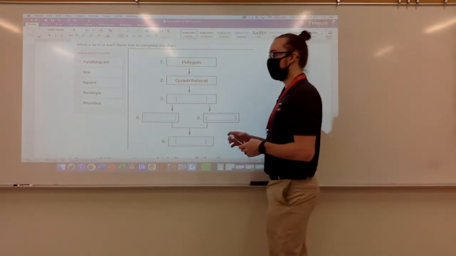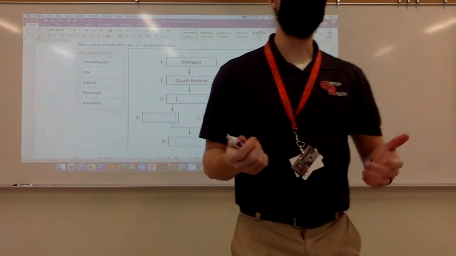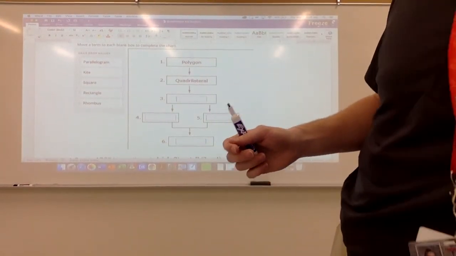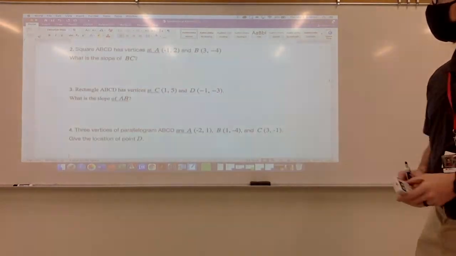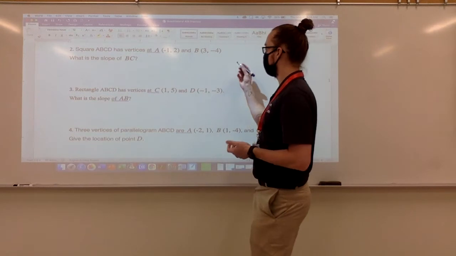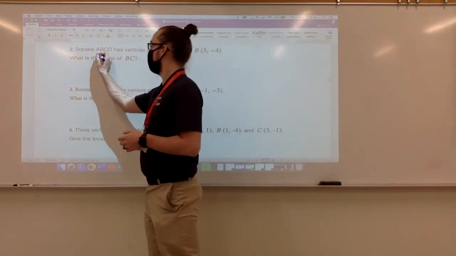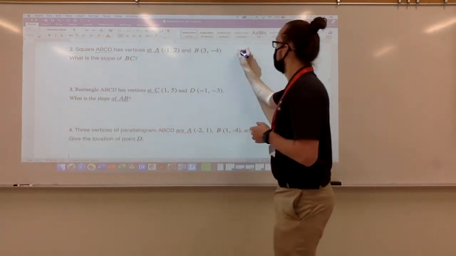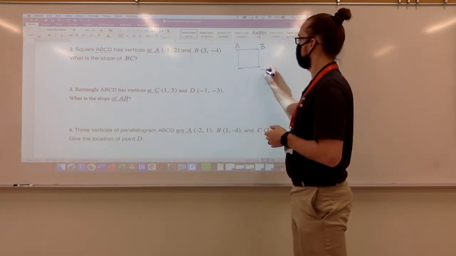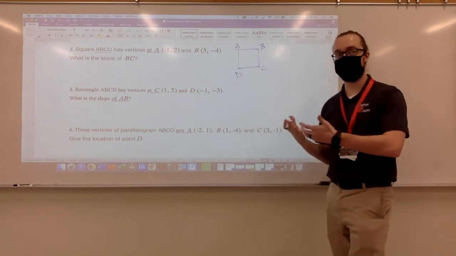So the next few have to do with slope. On number 2, it says we've got some square ABCD, right? We talked about how the order that the vertices are listed matters. It would look something like this. Obviously, I didn't plot any points.